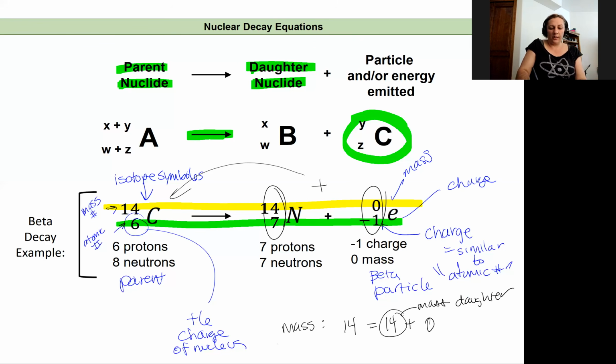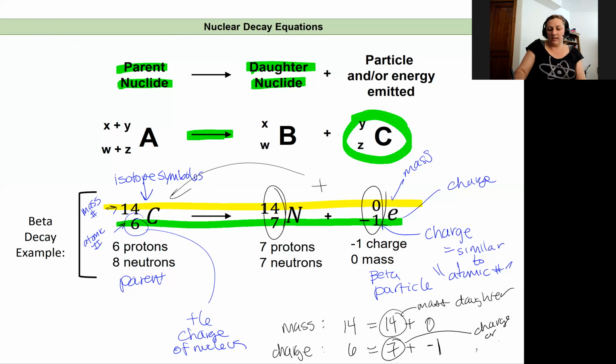For my charge or my atomic number, however you want to think about it, I start with 6. And I know that as a product, I'm going to be creating this -1 charge. Well, these need to balance. And so that means that as I create that -1 charge, I really have a charge then of 7 for my daughter nuclide.